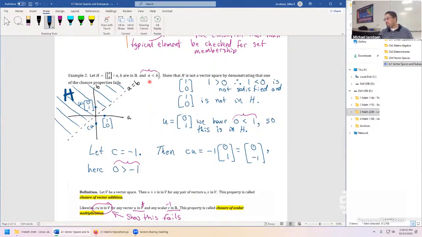But 0 greater than -1 tells us CU is not in H. Our work is done at that point. We showed a closure property fails, so we can say, therefore, H is not a vector space.